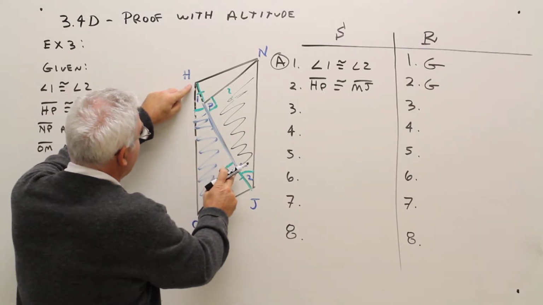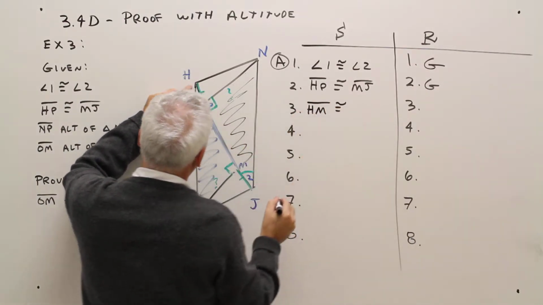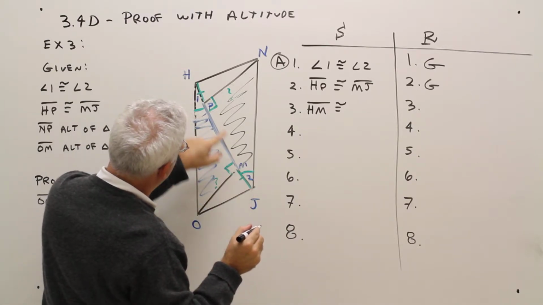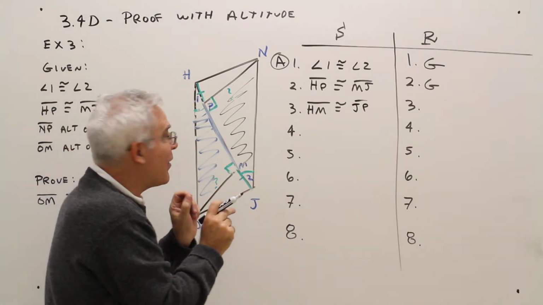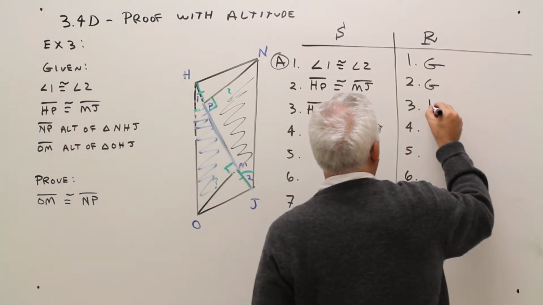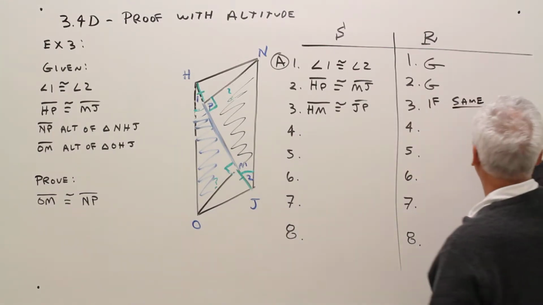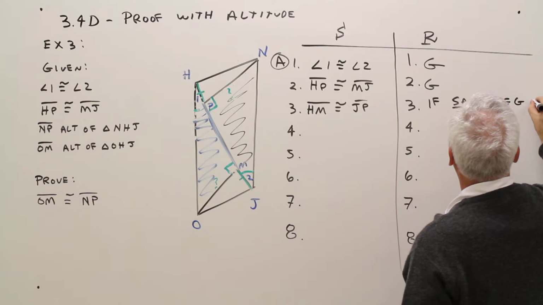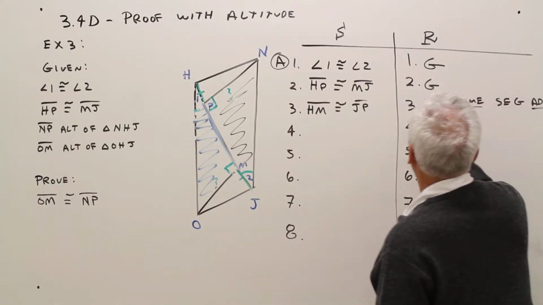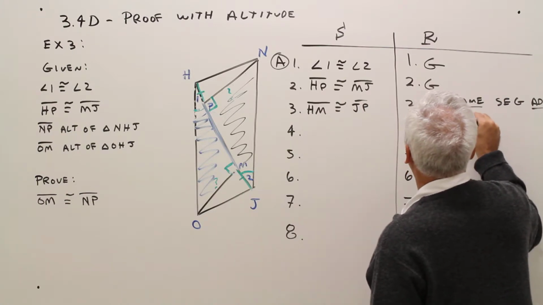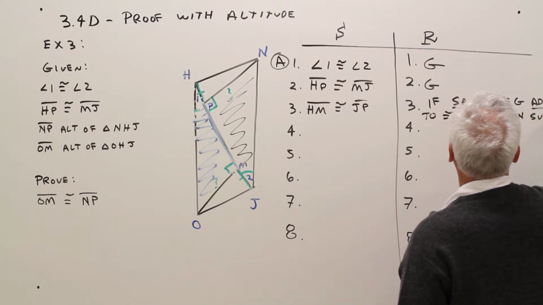Now I'm going to state this: segment HM is congruent to segment JP. All I did was add that common segment. Reason: if same, and I want to emphasize same segment, added, again I need that word added, to congruent segments, then sums congruent.